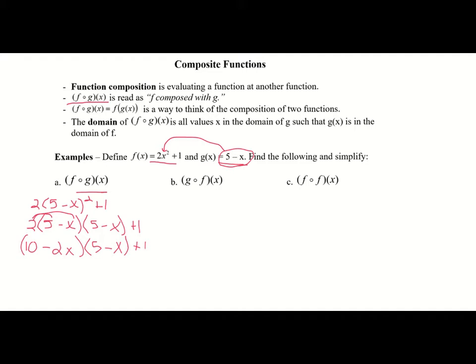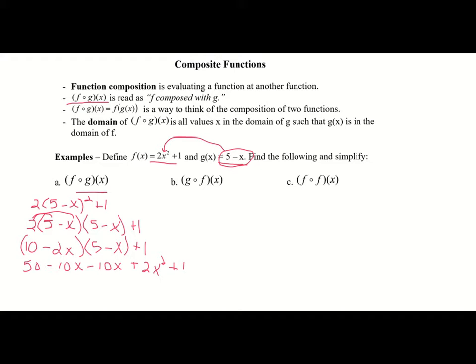Now I'm going to FOIL. 10 times 5 is 50. 10 times negative x will be negative 10x. Negative 2x times 5 is negative 10x. And negative 2x times negative x will give me positive 2x squared, plus 1.